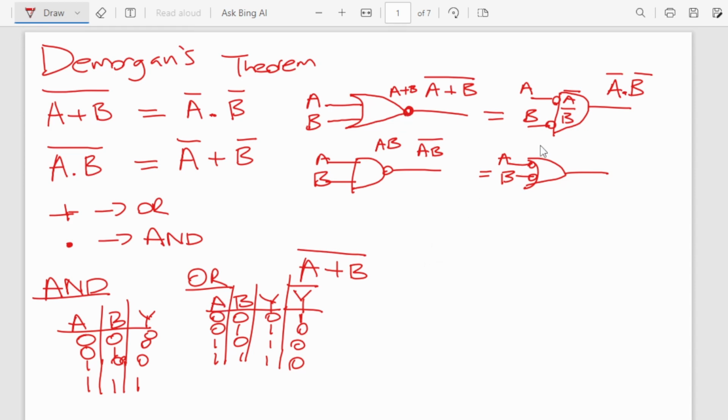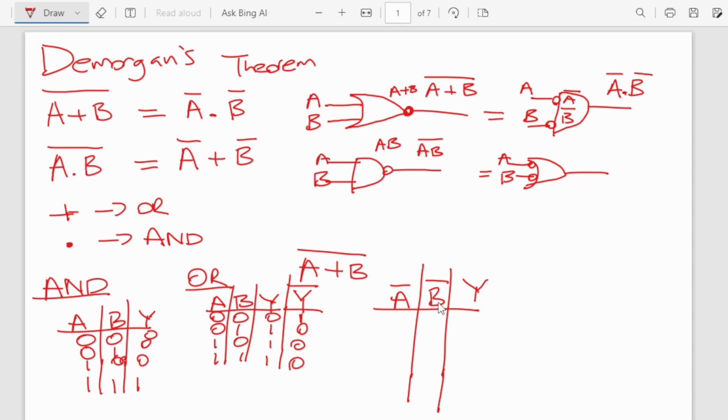Okay, let's draw the truth table for A bar ANDed with B bar now. All right, so again here, if we use this to represent A and B, then we can write A bar and B bar right here, right?